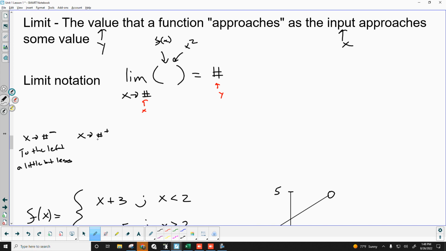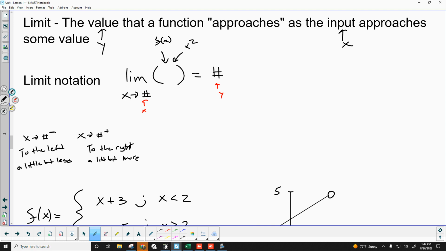A number with a plus means to the right, or a little bit more. Think of it as an infinitesimal more or an infinitesimal less. When I can use it, I'll use it.